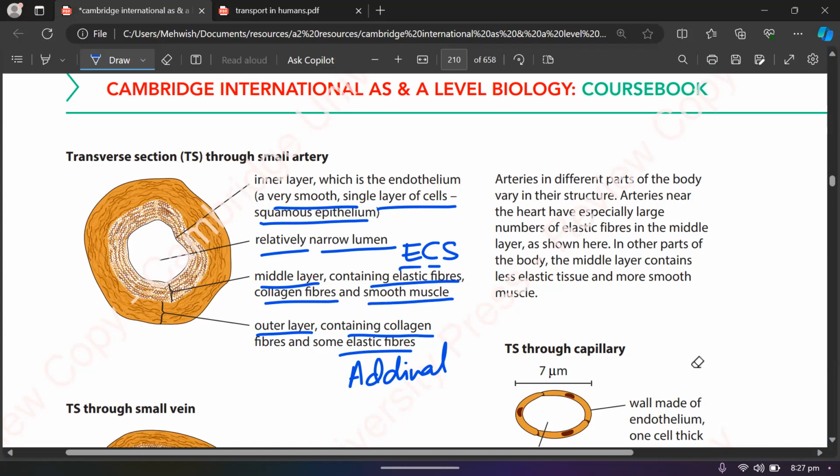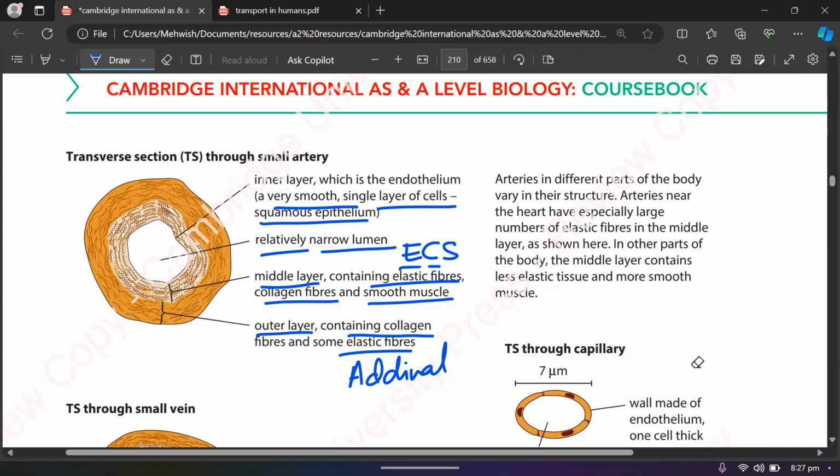If anyone asks you which artery has the maximum pressure in it, that will always be the aorta, right? Because that is the first artery that receives blood directly from the left ventricle, and you know the left ventricle has thick walls.